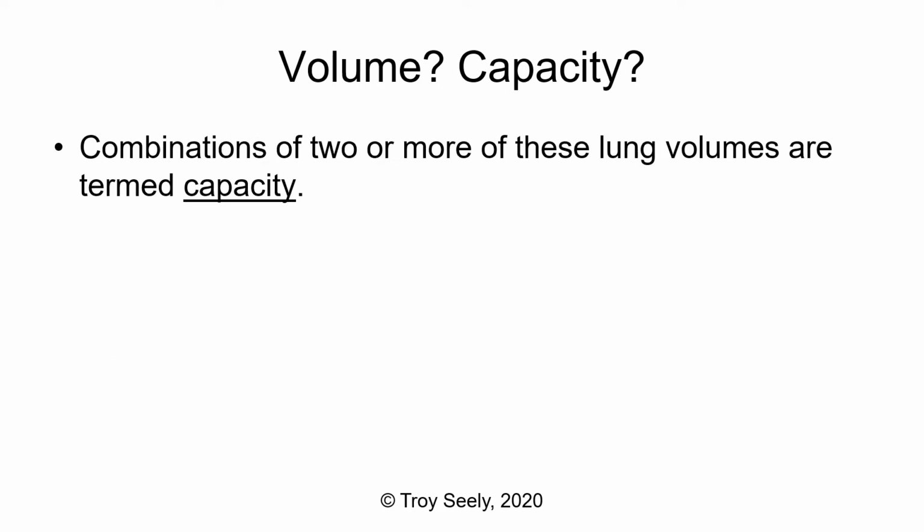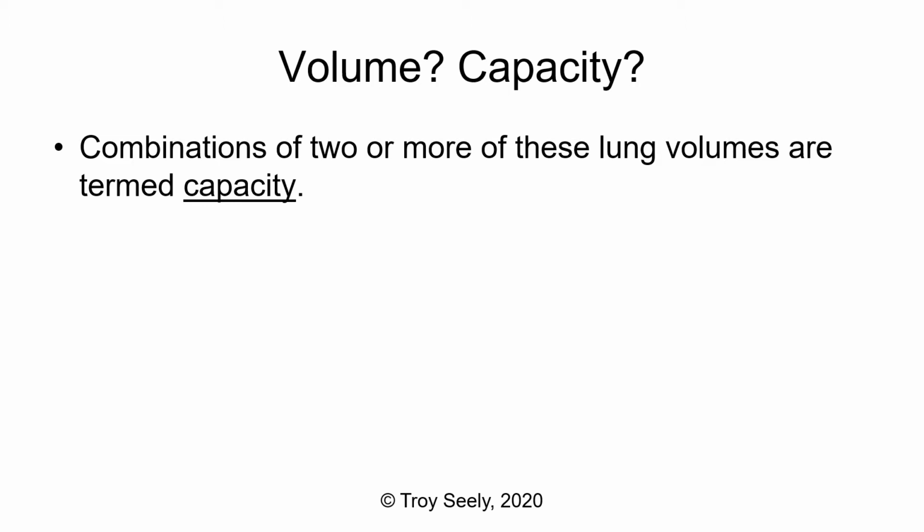Now, to complicate things a little bit further, we don't just look at volumes, we also look at capacity. A combination of two or more of these lung volumes is termed a capacity. And we will put these different volumes together because this is something that we can measure, which will also reflect on whether there's good physiologic health in the workings of the lung, or if there could be a pathology present.